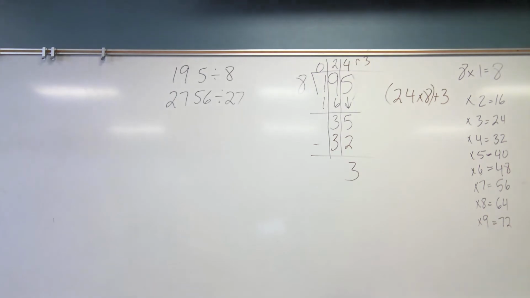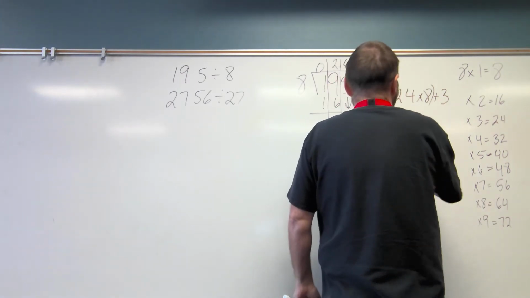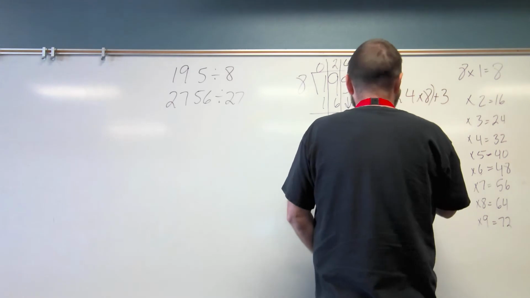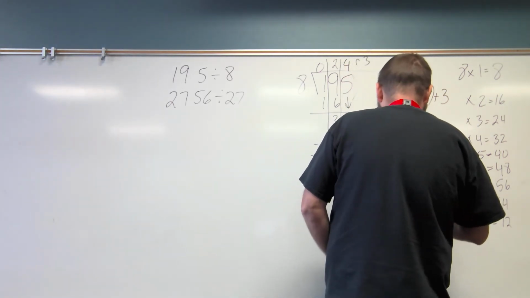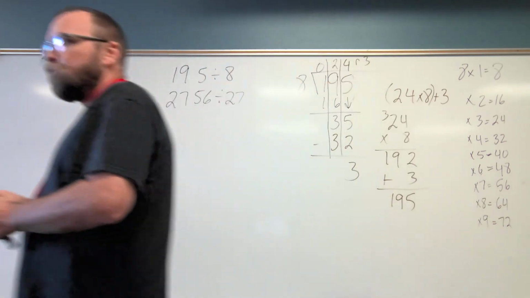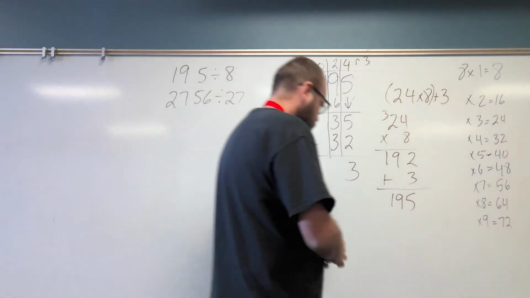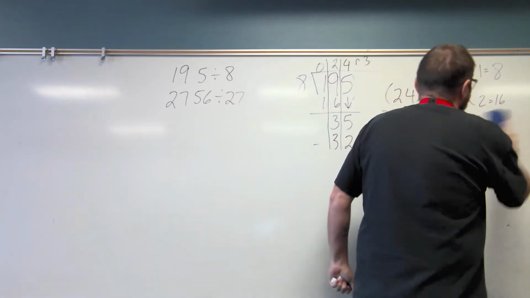So we'll do 24 times 8, which is 192, plus 3 is 195. Good job, Bree! Bree is a superhero of division.